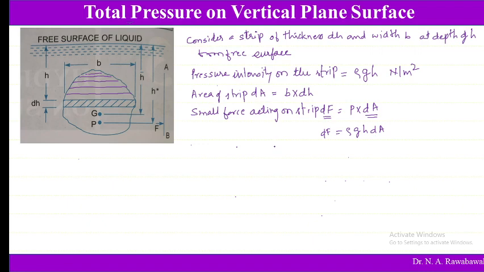So the total force on the whole surface is obtained: F is equal to integration of small dF, and that is nothing but integration of rho g h into dA, where this dA is known as b into dh.